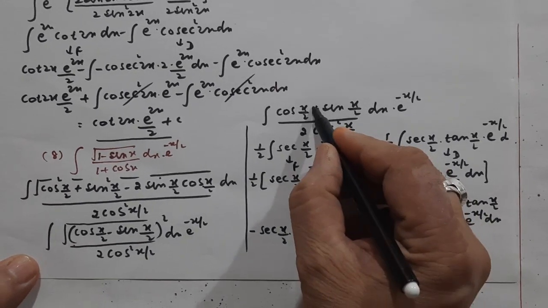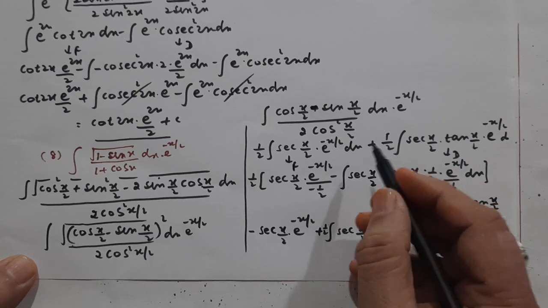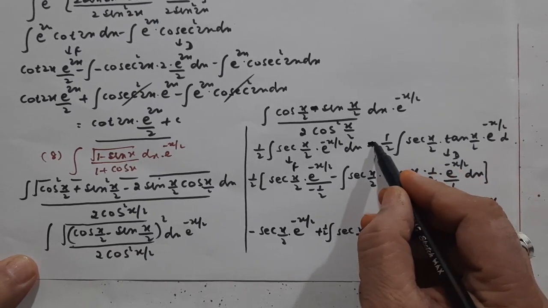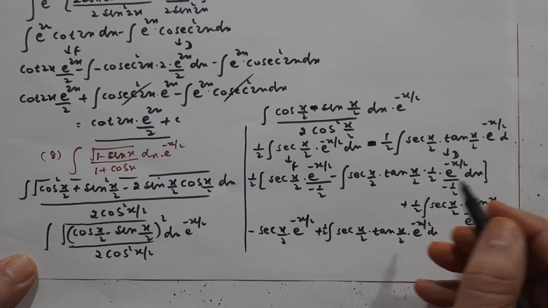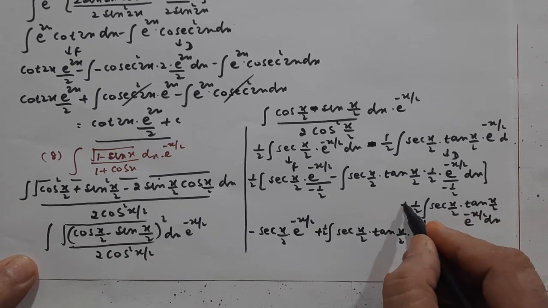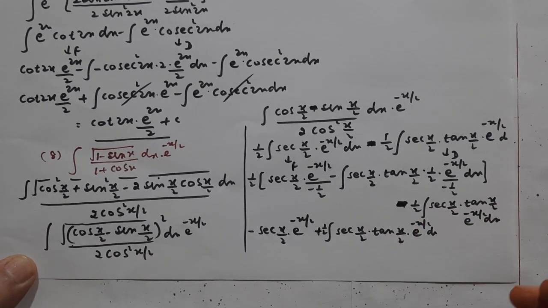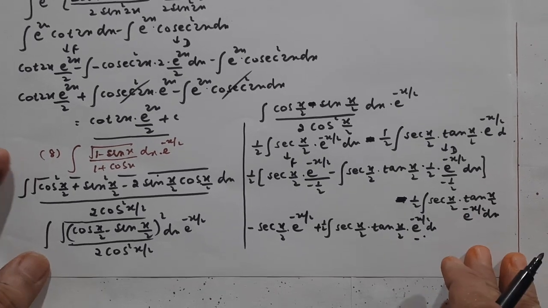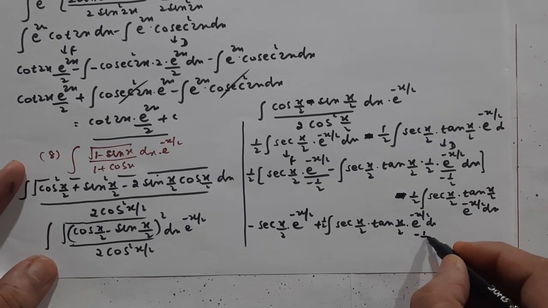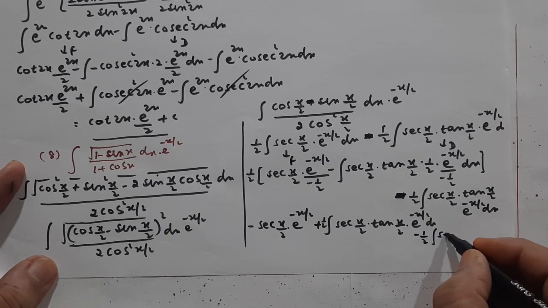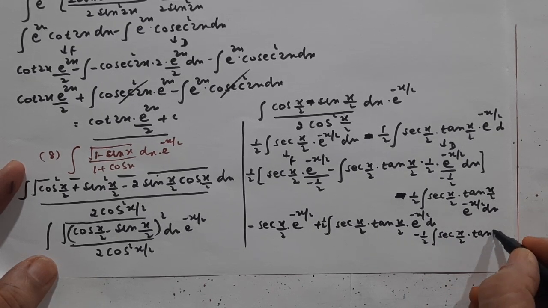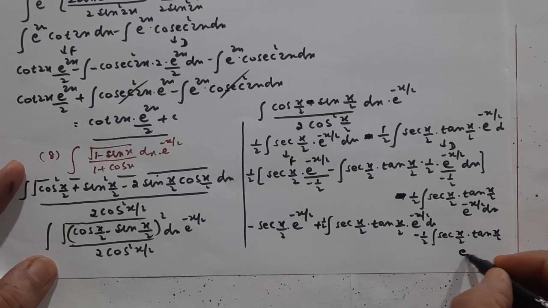Students, here we have a minus sign, and this is also a minus sign, so here also we have a minus sign. So writing this factor over here, minus 1 upon 2 secant of x by 2 tangent of x by 2 e power minus x by 2 dx.